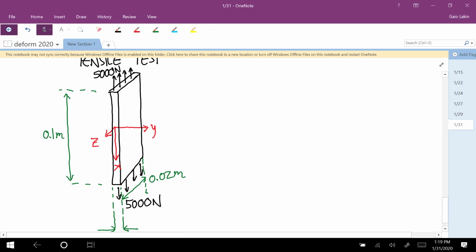And if you apply this force and then very carefully measure the changes in those side lengths, we get that under the load, the length, I'm calling this lowercase l, becomes 0.10003.